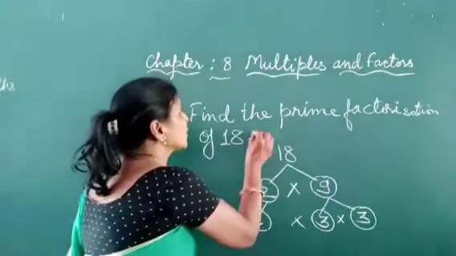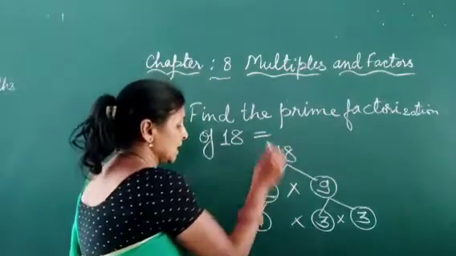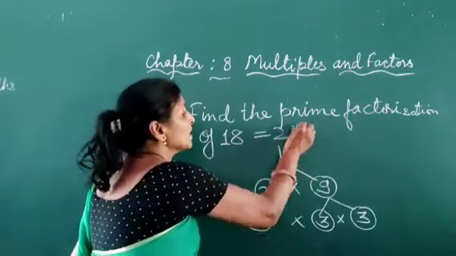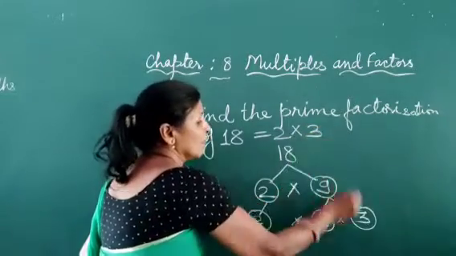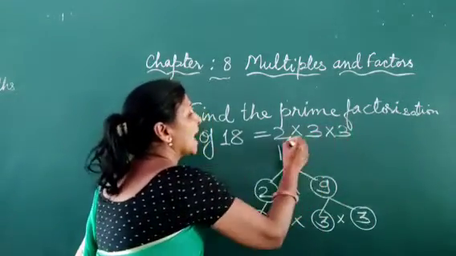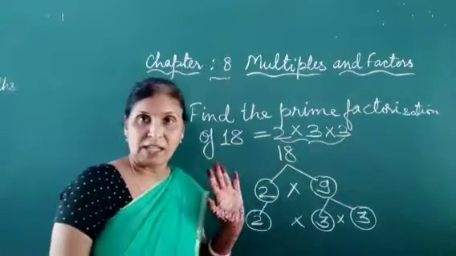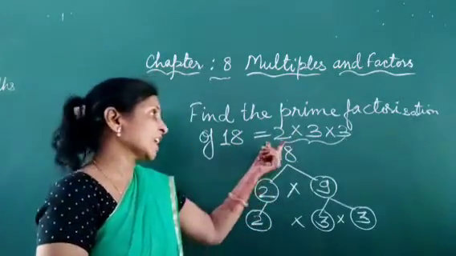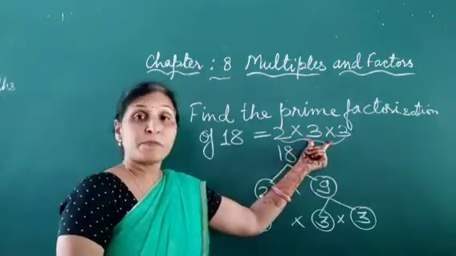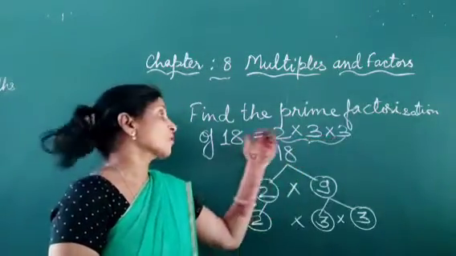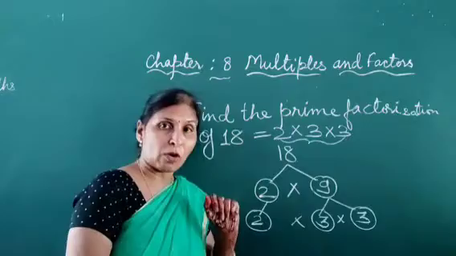So the prime factorization of 18 is 2 multiplied by 3 multiplied by 3. If we multiply all these numbers, we get 18. In this way we can check whether the prime factorization of 18 is correct or not.